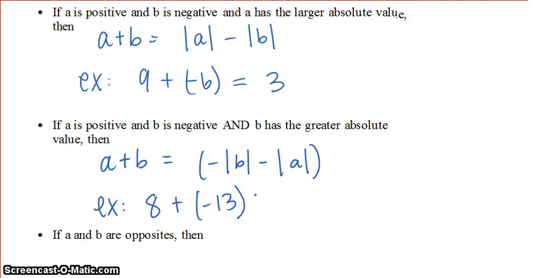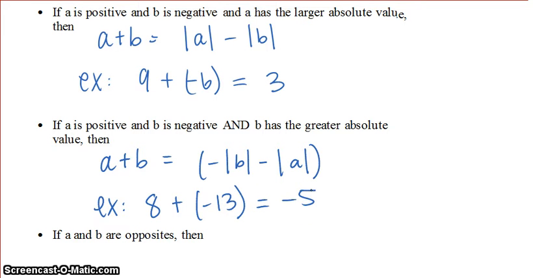Again, A is positive, B is negative, but unlike the other case, if you take the absolute value of both, 13 is higher. So in this case, we take the absolute value of 13, which is -13, and we subtract 8 from it. Then we end up getting -5.